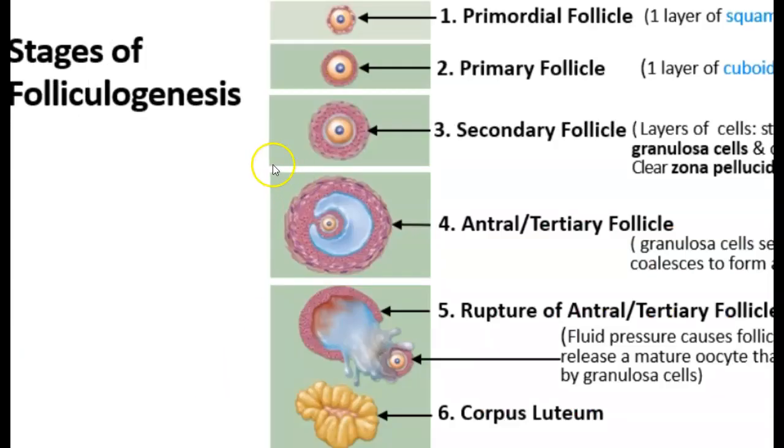So the stages of folliculogenesis include, first, we start off with a primordial follicle, and that follicle is surrounding again a yellow oocyte with a blue nucleus. And this primordial follicle has one layer of squamous cells. So you could say surrounded by simple squamous, and it is an epithelium.